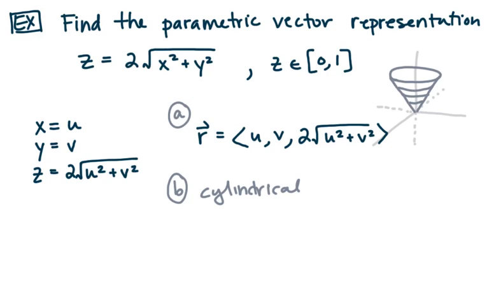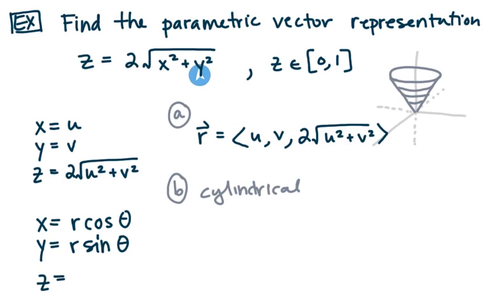So another way we could do it with cylindricals, I could say, well, x is going to be r cosine theta, and y would also be r sine theta. And then, of course, z, well, what is 2 times the square root of x squared plus y squared equal to in polar or cylindrical coordinates?